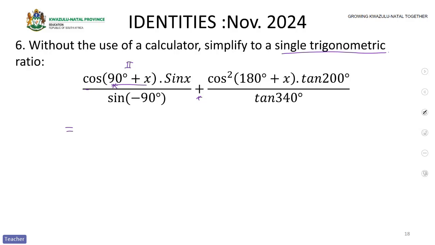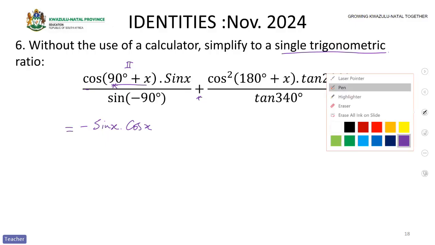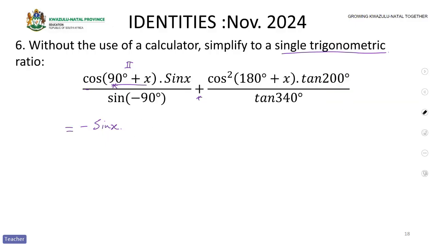You ask yourself a question: how is cos in the second quadrant? Negative. So it's going to be negative sin of x. Sorry, I don't know why I'm writing cos of x now, because this one was just simplified. So it is times sin of x.